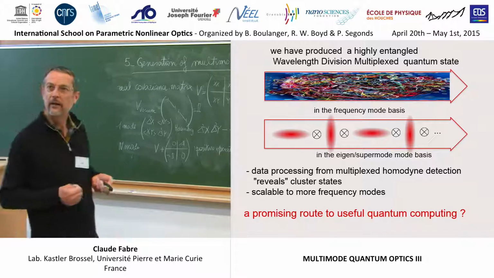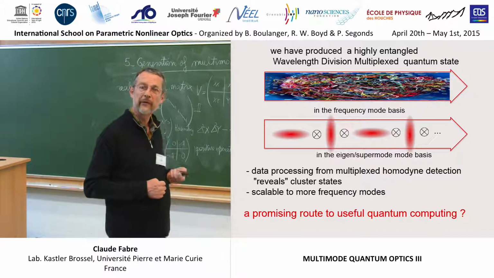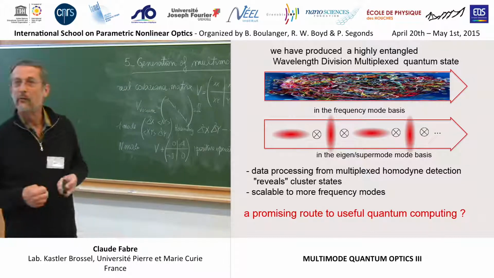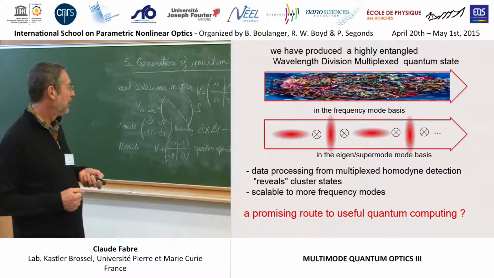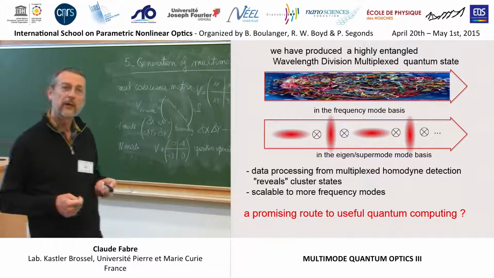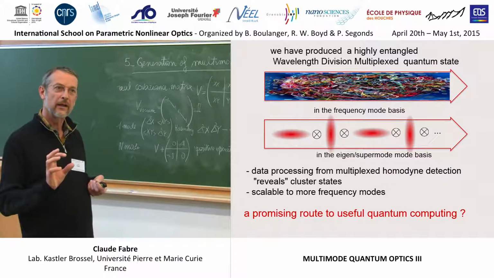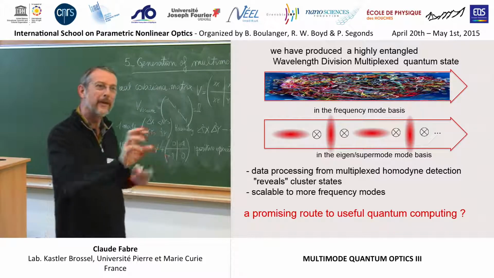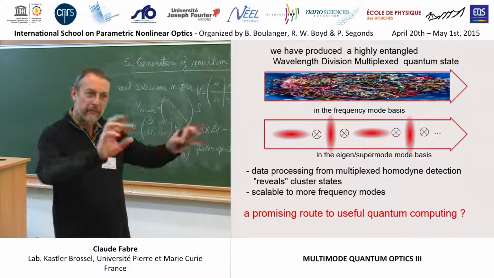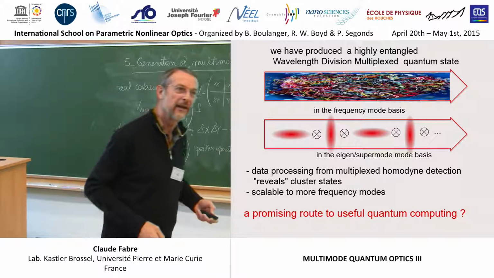And now we are investigating how we can use it for some kind of real quantum computing operation. The one we are considering now is secret sharing, quantum secret sharing. So you have some information that you don't want somebody else to know, but that you can give partly to different people so that when they come together, they recover it.